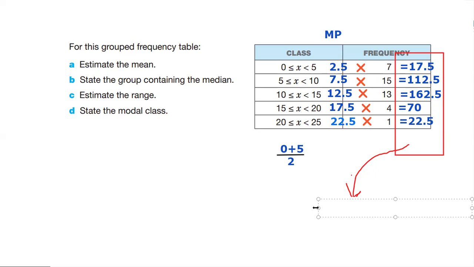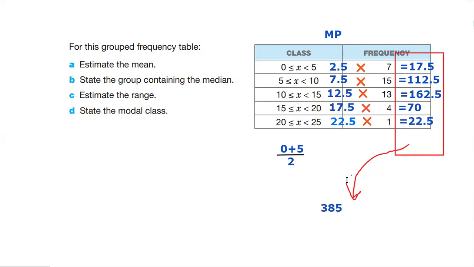So we have all the numbers here. Make sure that you have the right numbers: 17.5, 112.5, 162.5, 70, and 22.5. And the addition will be 385.